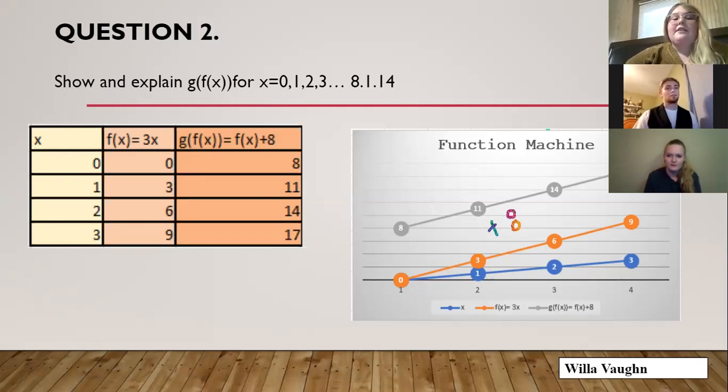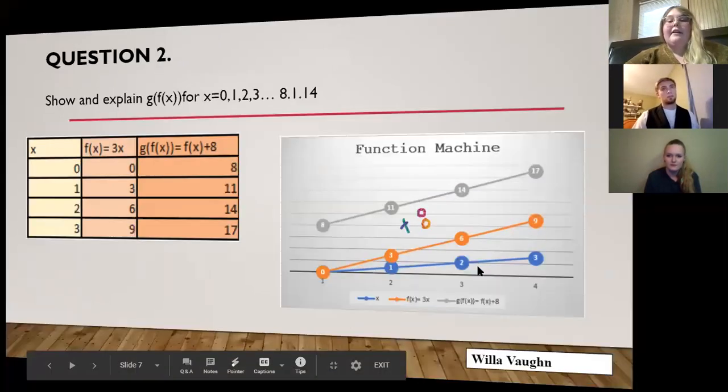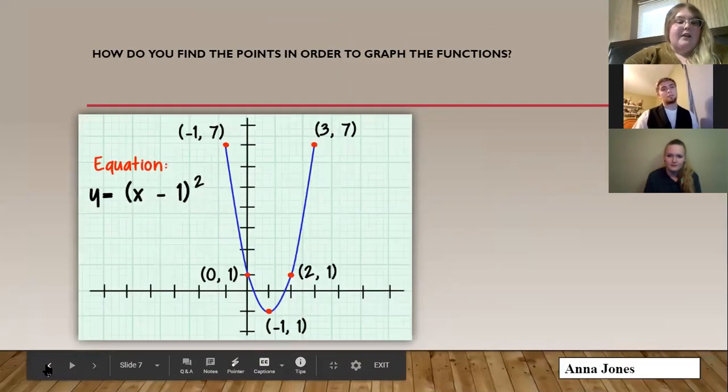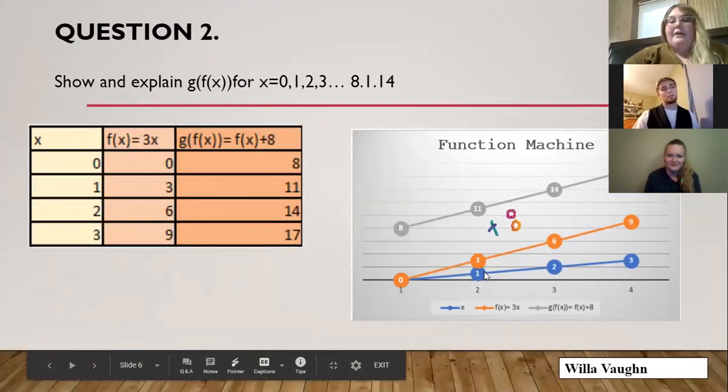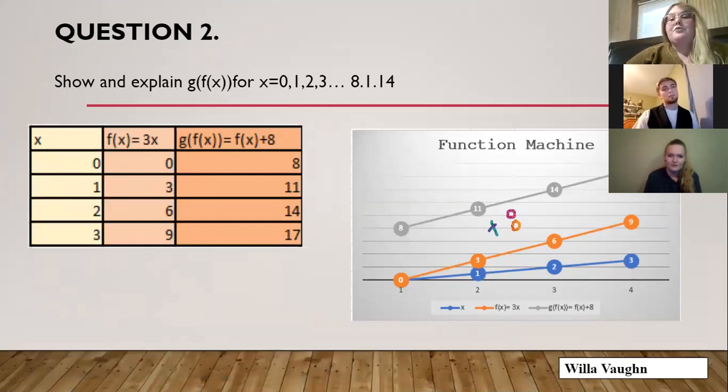So what that means is we're plugging in these numbers. Take our 1 for example, and you plug that into the x. That's basically 3 times 1, so our orange line is going to triple. Then our gray line is going to be g of x equals f of x plus 8.